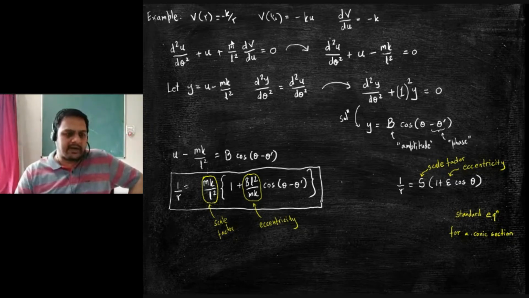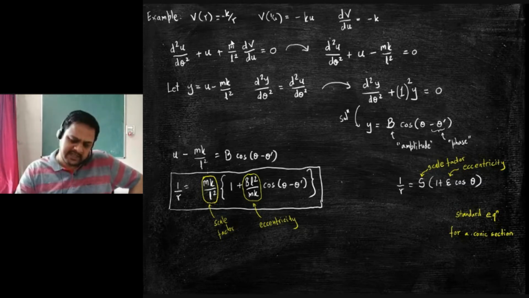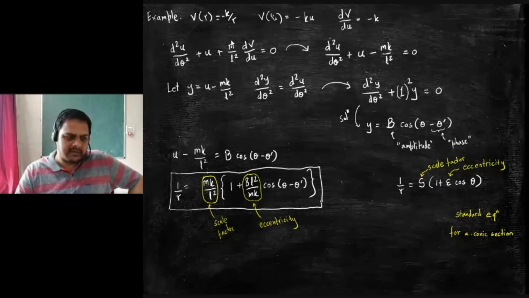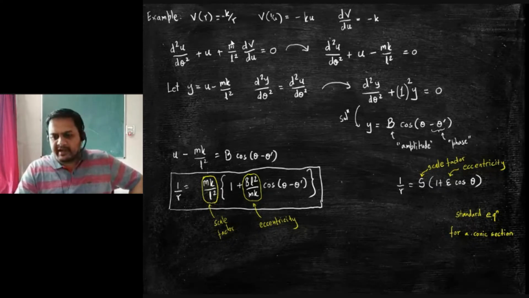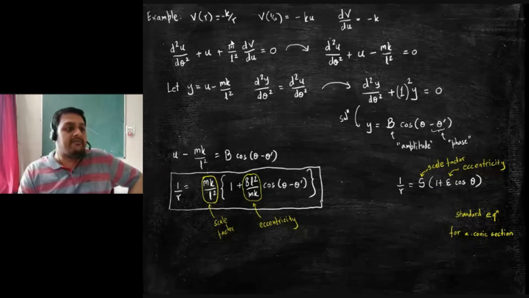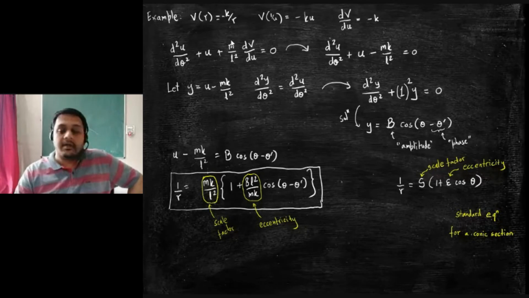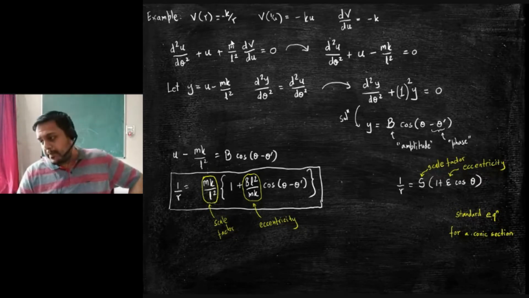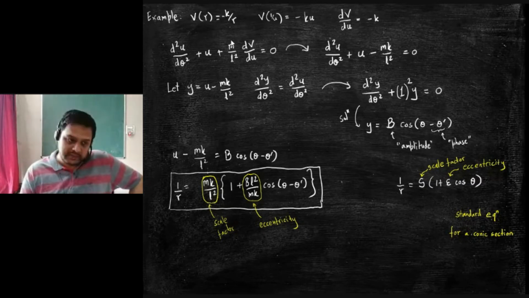But right now we have concluded that the orbit of a planet around the sun, or any object around the sun, or a charged particle around a center of charge, will always be in the form of a conic section only. Not just an ellipse, it could be a parabola, hyperbola or circle also.